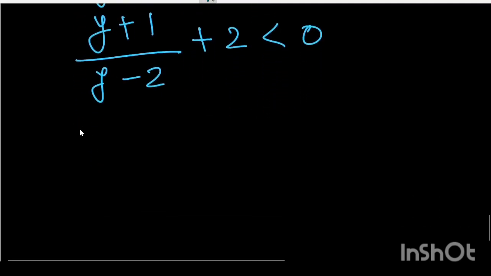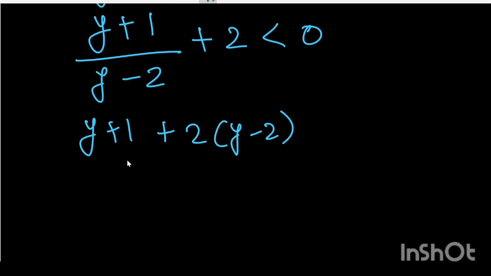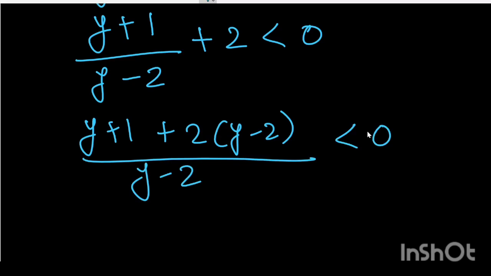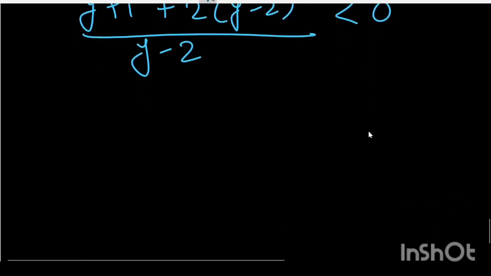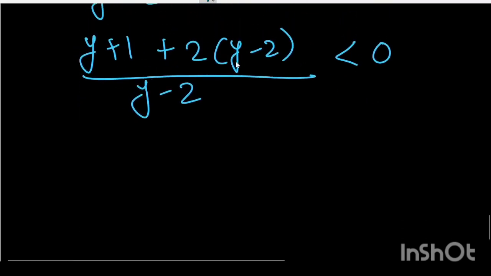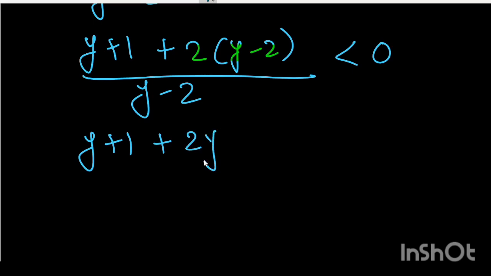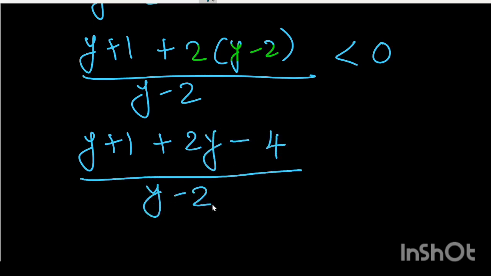So now taking LCM, y plus 1 plus 2 (y minus 2) less than 0. Now 2 gets multiplied to y minus 2, and y plus 1 is as it is. So plus 2y minus 2 times 2 is 4, upon y minus 2, guys, less than 0.